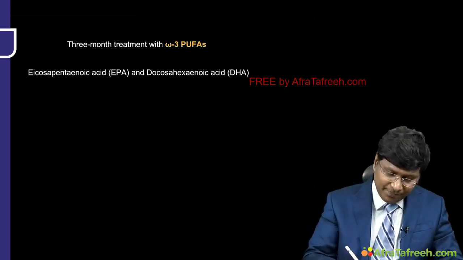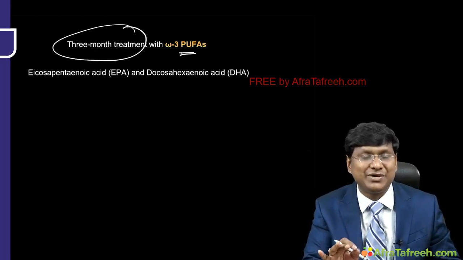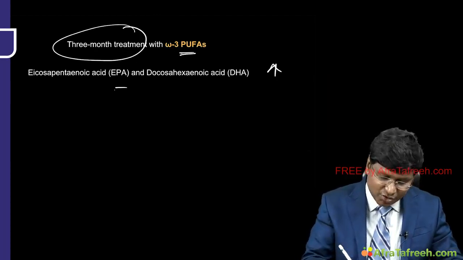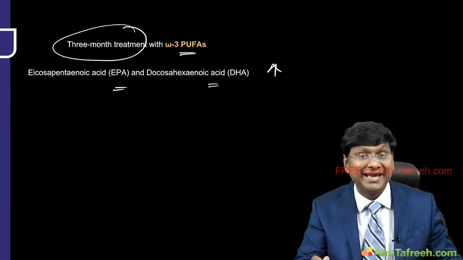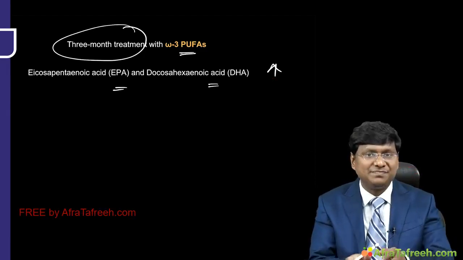So 3-month treatment with omega-3 polyunsaturated fatty acid has shown increased levels of eicosapentaenoic acid as well as docosahexaenoic acid. What is the importance of these?